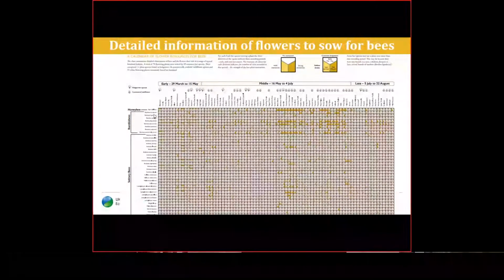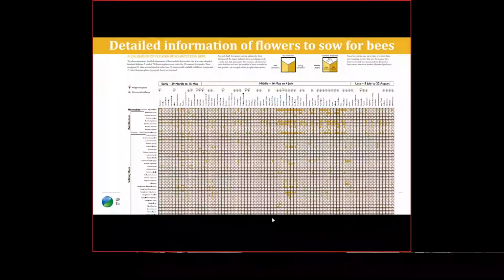And it shows for each of the bumblebees, solitary bees, honeybees, the interaction, the use, the importance of those hedgerow and wildflower species for each. You can probably make out there are different densities of shading, which indicates the strength of that interaction, i.e. the importance.